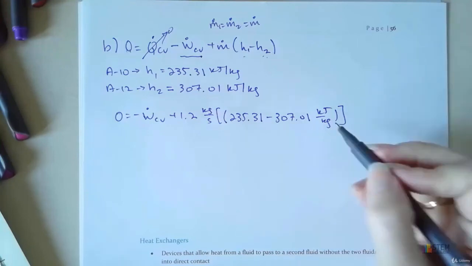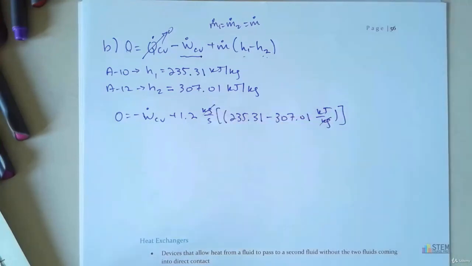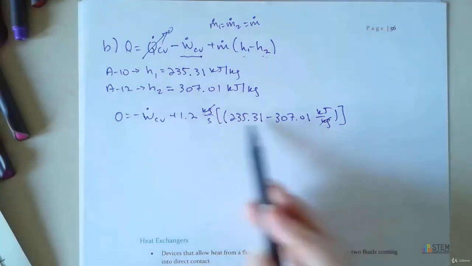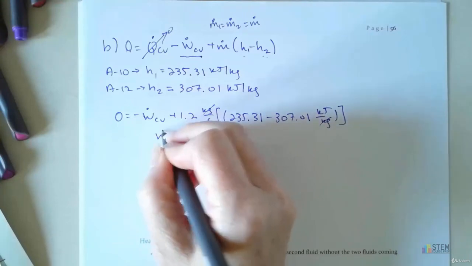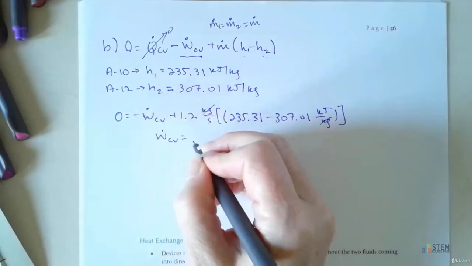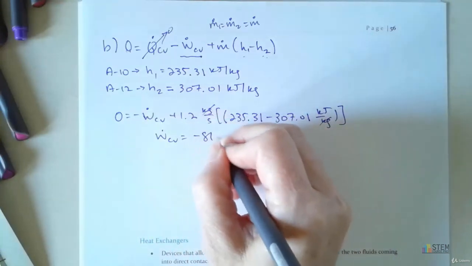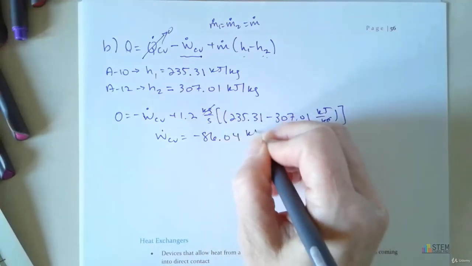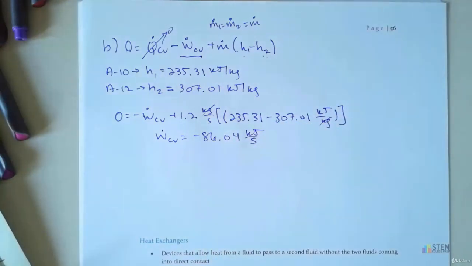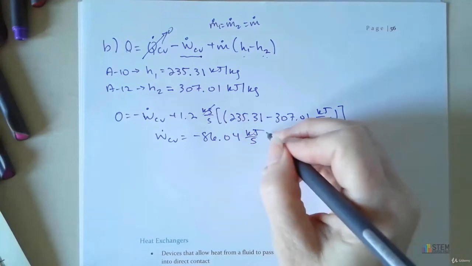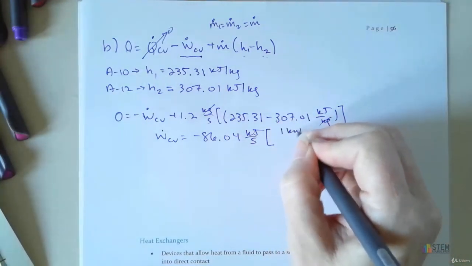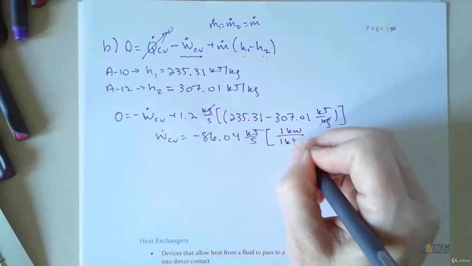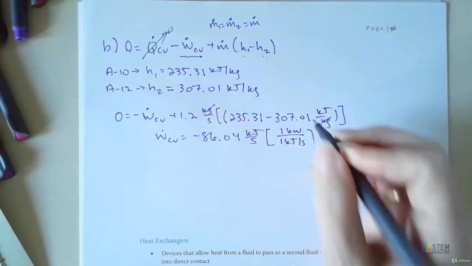Now we've got that. Notice kilogram goes away here. Let's go ahead and multiply these numbers together, and then we'll look at our units. Bring W dot over. W dot then is going to be negative 86.04. That's kilojoules per second. We want units of kilowatts. The conversion for that is 1 kilowatt per 1 kilojoule per second.